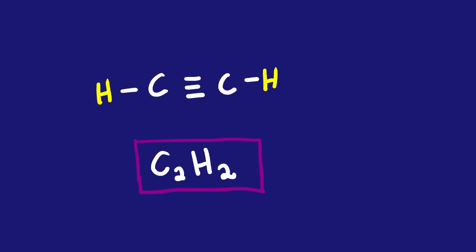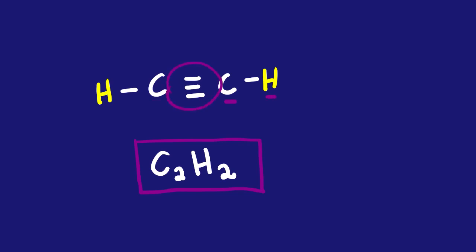Now let us look at structural formula. You should know that a structural formula of a compound shows which atoms are attached to which within the molecule. For example, we can see that this carbon is attached to this carbon using a triple bond, and it is also attached to this hydrogen, together with this carbon and this hydrogen.